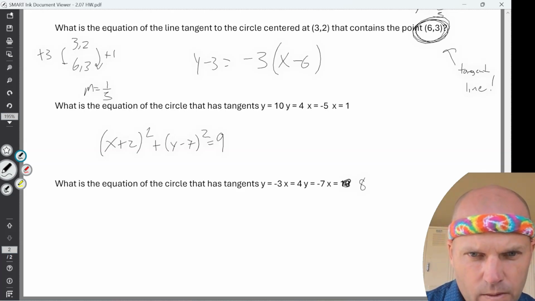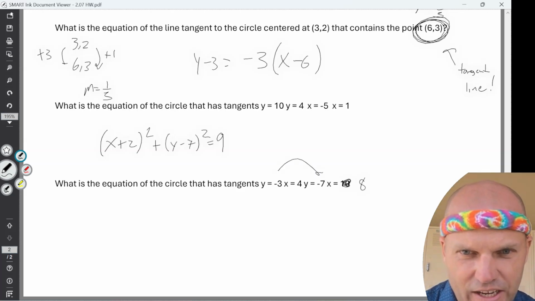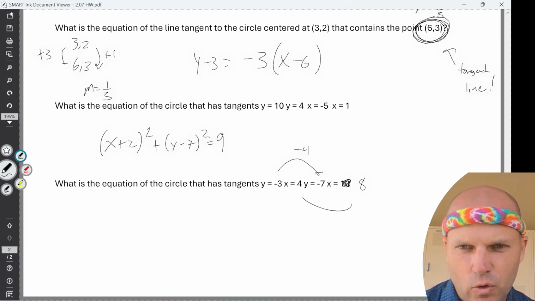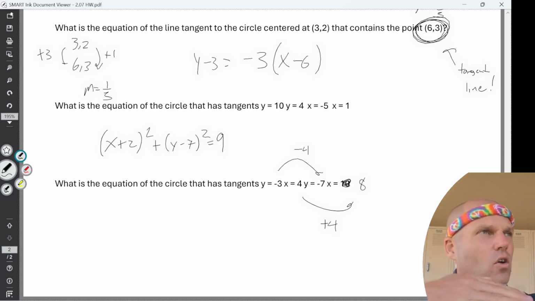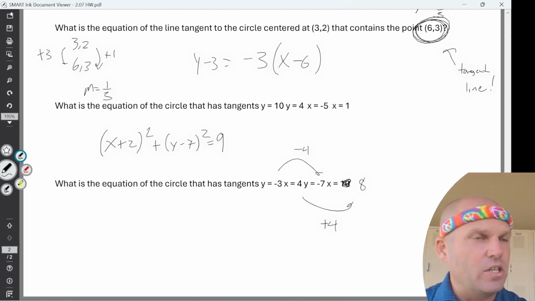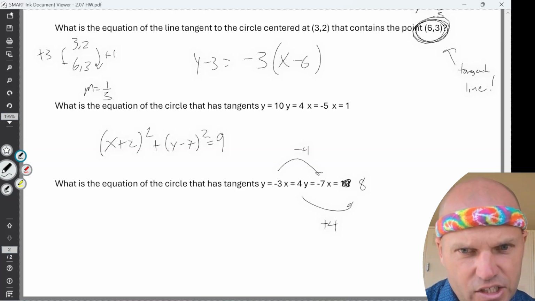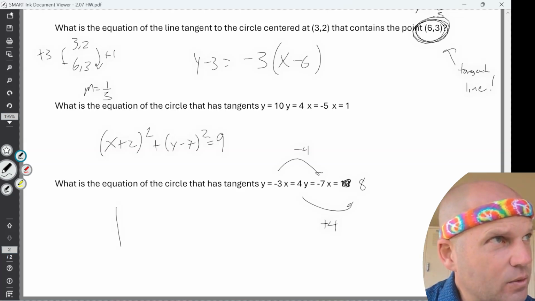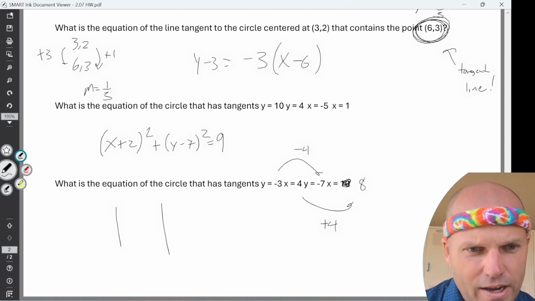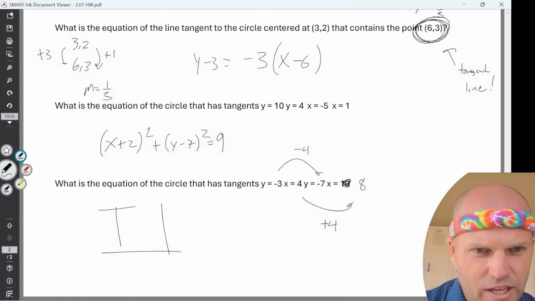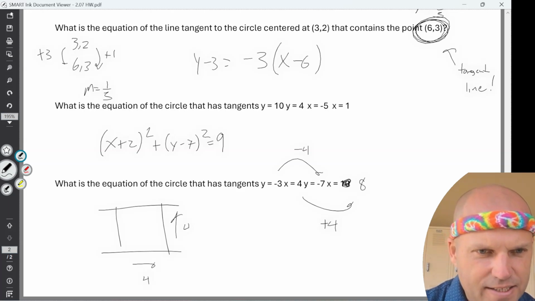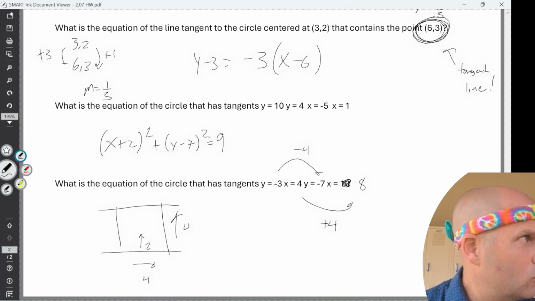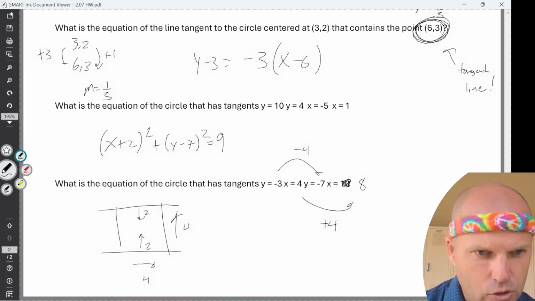All right, well, y = −3 to y = −7 is 4 apart. x = 4 to x = 8 is 4 apart. All of these lines are 4 away from each other. So to get to the middle, I have to go 2 up, 2 down, 2 left, 2 right from the outsides.